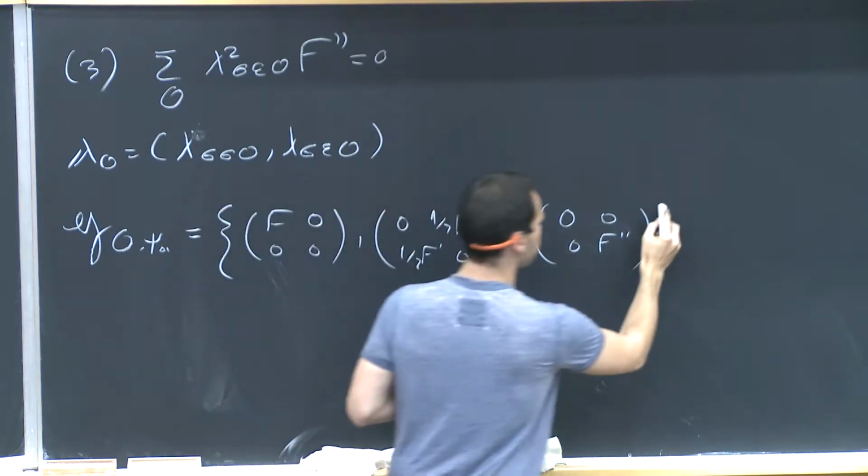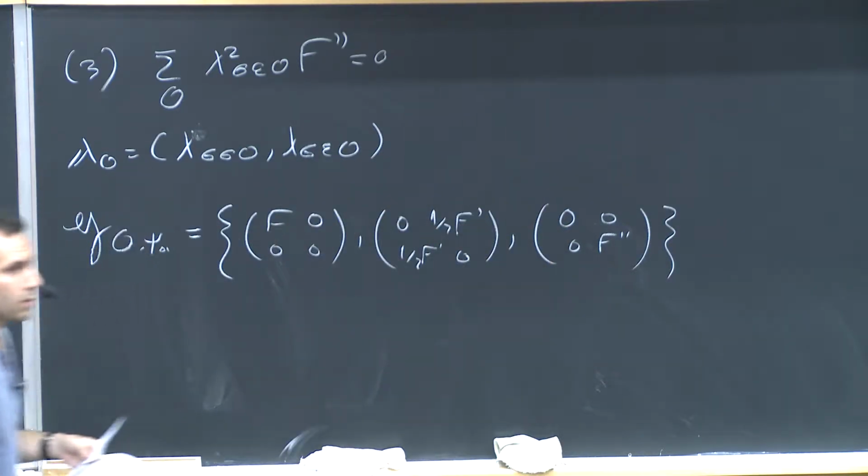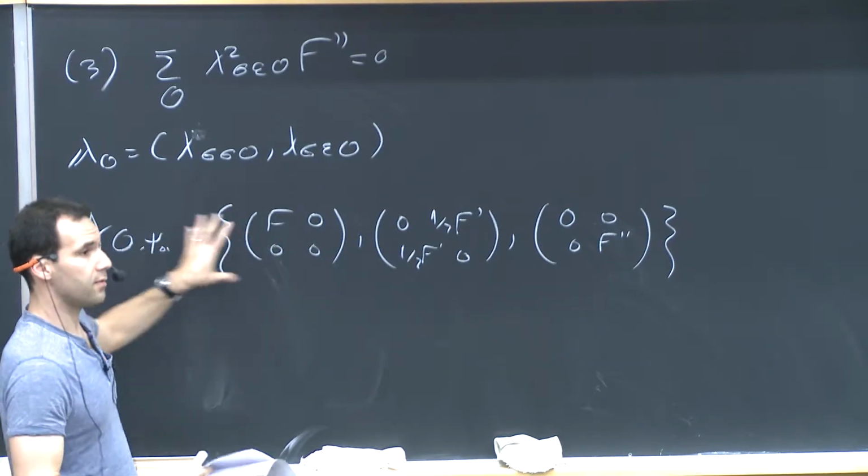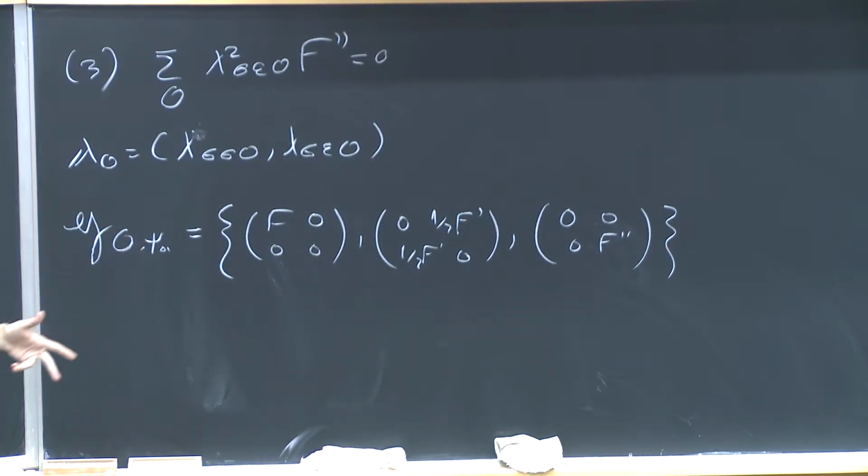Okay? So there's a vector of matrices, and if you dot these matrices with these vectors on left and right, you reproduce the three equations, right? Okay?